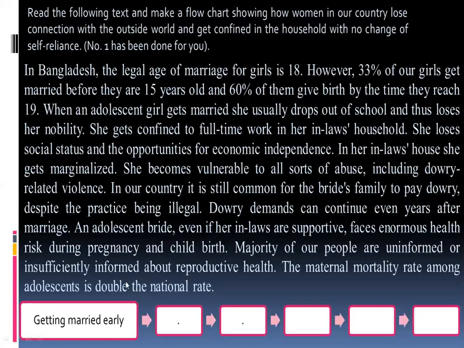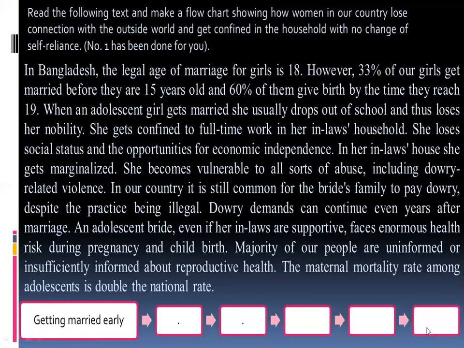Now, this is a possible question. Okay, dear cadets, that can be a possible question. Read the following text, that is your question, and make a flowchart showing how women in our country lose connection with the outside world and get confined in the household with no chance of self-reliance.